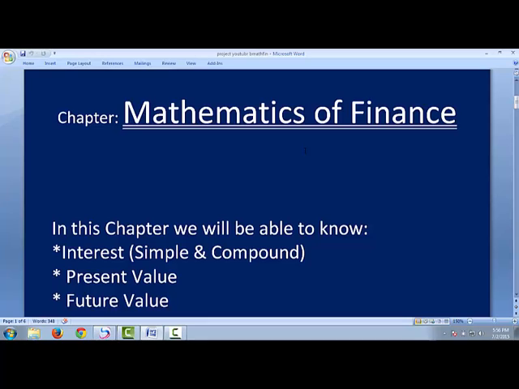Today we are discussing this method. First of all, you have to know what interest is. Interest is the money that is paid for the use of money.